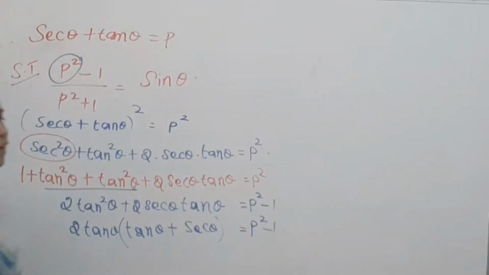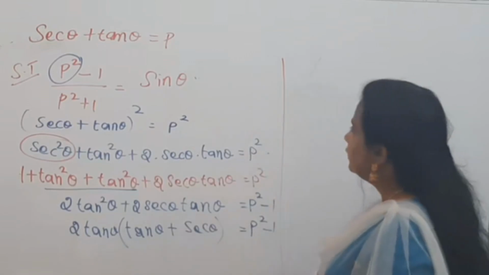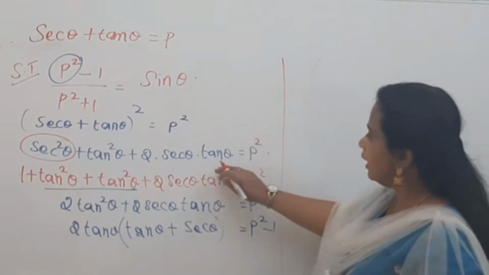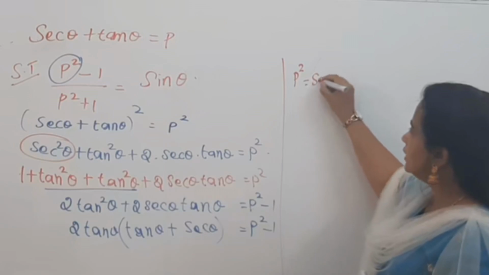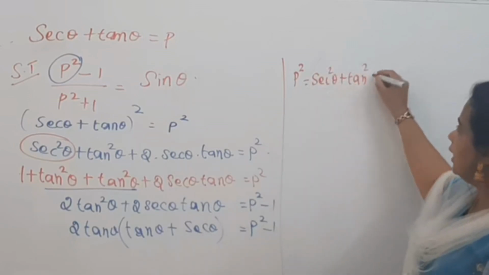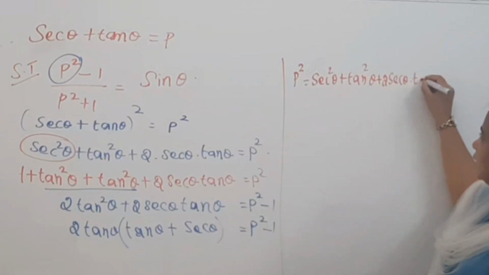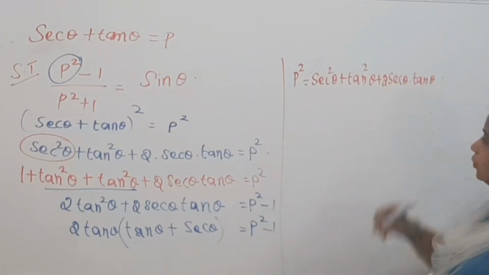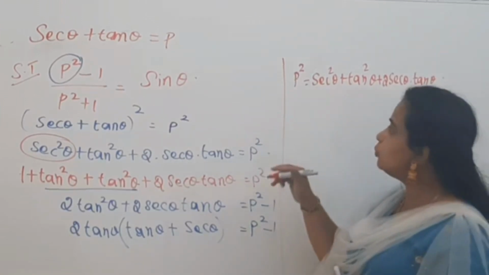Now I am going to find my p square plus 1. So how do I get it? That is p square, I have it here, which is p square is equal to sec square theta plus tan square theta plus 2 sec theta tan theta. I have it already. Now I have to add 1, or bring my plus 1 to this side.